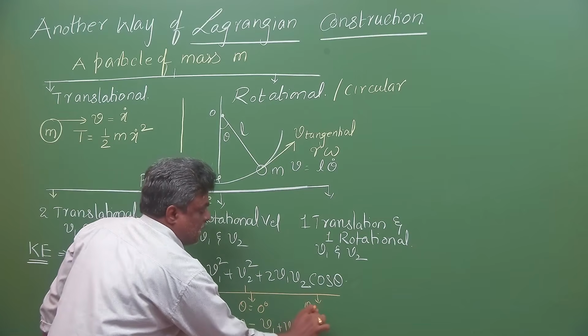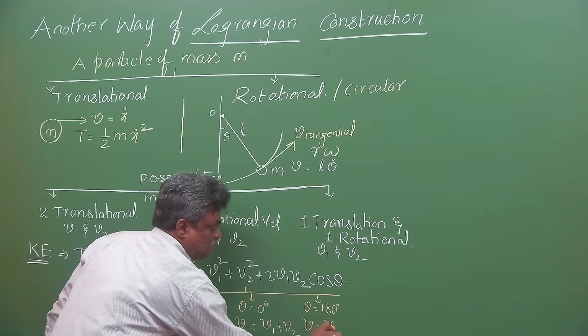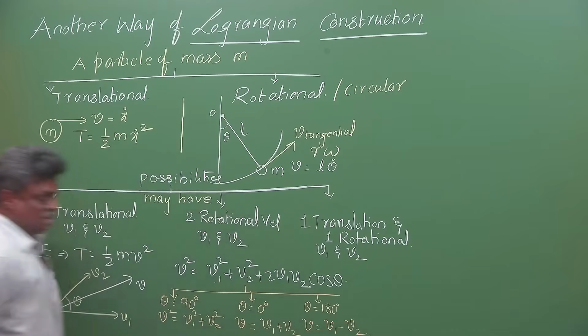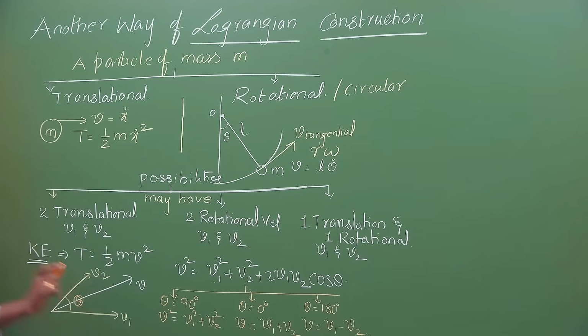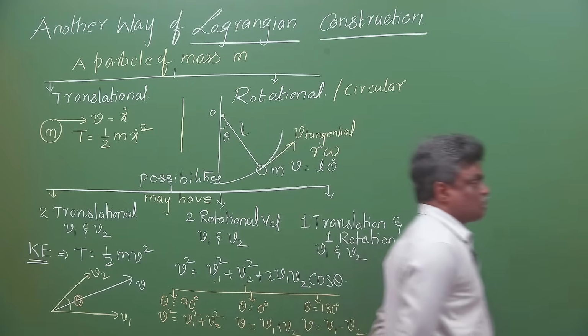Next, theta equal to 180, anti-parallel. A few examples. So if it is some general theta, the resultant between two velocities is V1 square plus V2 square plus 2 V1 V2 cos theta.